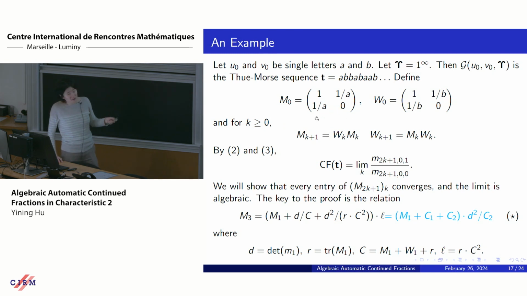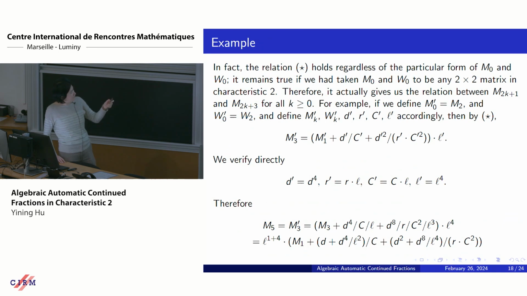So in particular, I could take M0 and W0 to be M2 and W2. In this way, I could get a relation between M5 and M3. Now my new M0 and W0 are these.